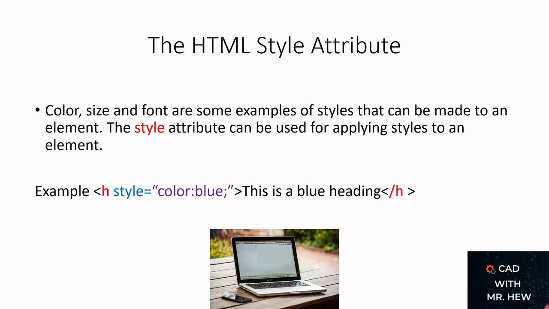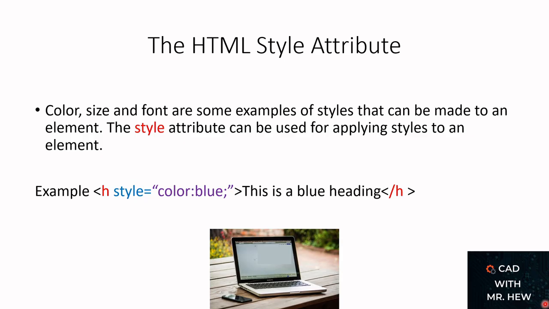We're looking now at the HTML style attribute. Color, size, and font are some of the styles that can be made to an element. The style attribute can be used for applying styles to an element.